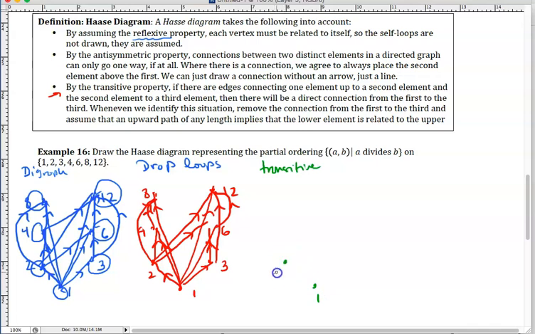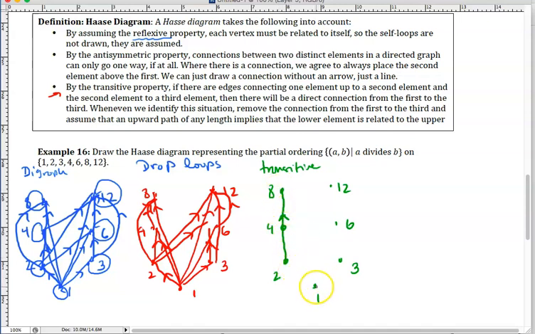So let's draw our vertices again. 1, 2, 4, and 8, and 3 and 6 and 12 in here. All right, so basically what I mean is that we're going to just draw one arrow from 2 to 8, one line. We don't have to do double, because if it's passing through all these points, we know that 2 goes to 4 and also 2 goes to 8.